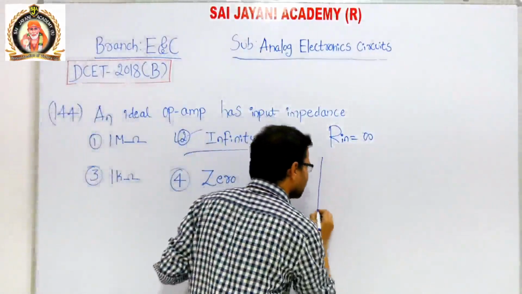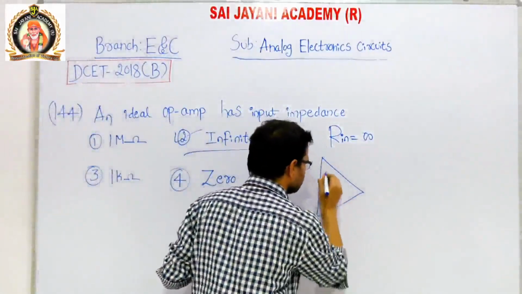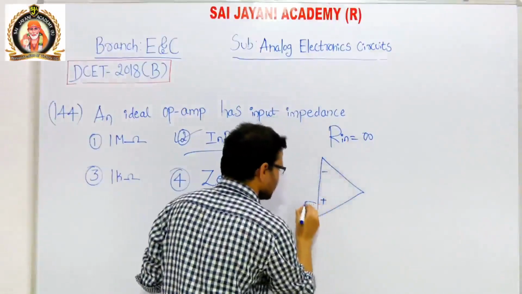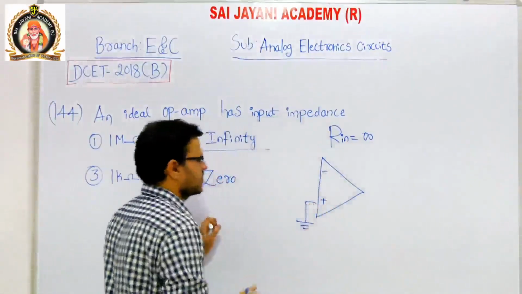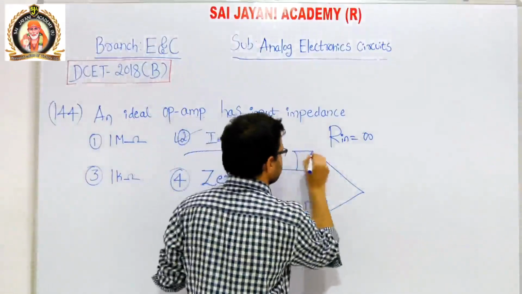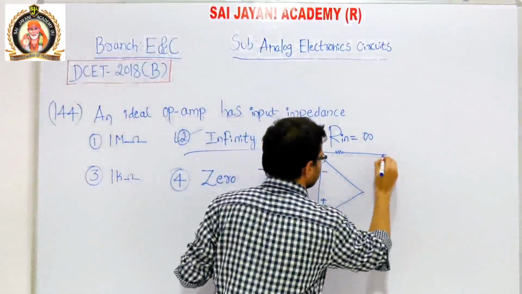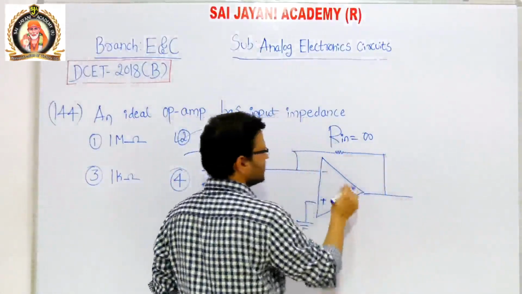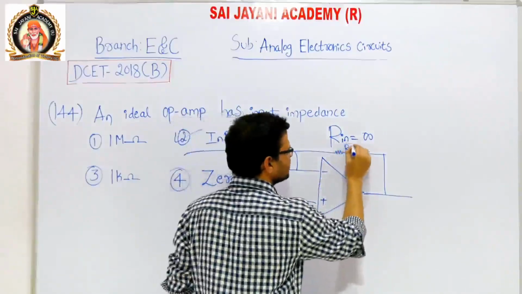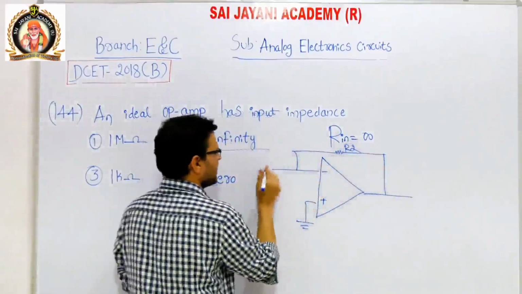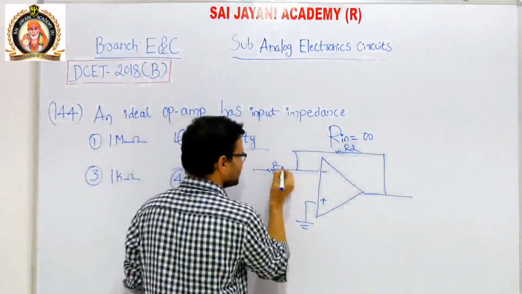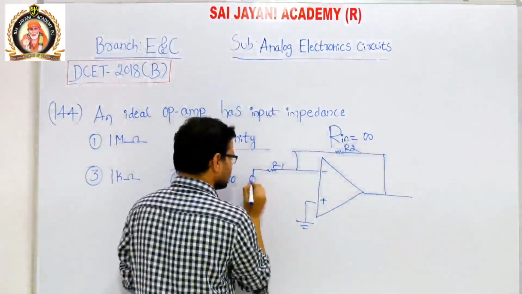Consider an op amp. This is your feedback circuit having the resistance R2, and this is an input resistance R1.